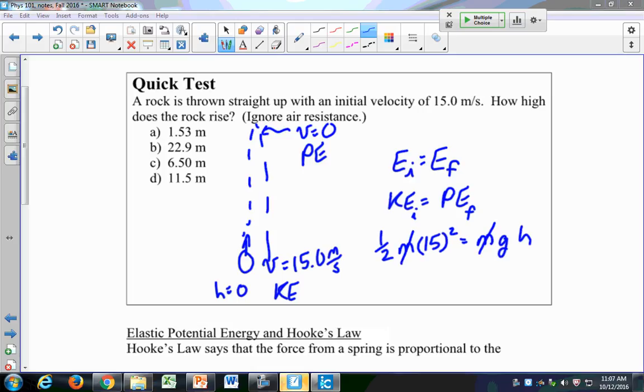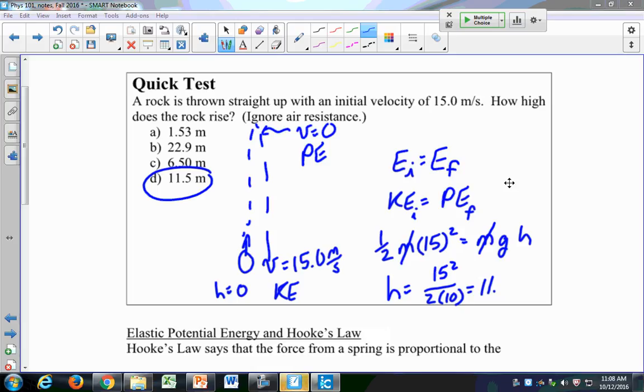The m's cancel, so h is 15 squared over 2, that's 1/2 of 15 squared, divided by 10. Is that 11.5? It is? Oh, okay. I was probably using 9.8, but we'll call it 11. But D is the right answer there. Yeah, if I was using 9.8, it'd make the value come out a little bit bigger.